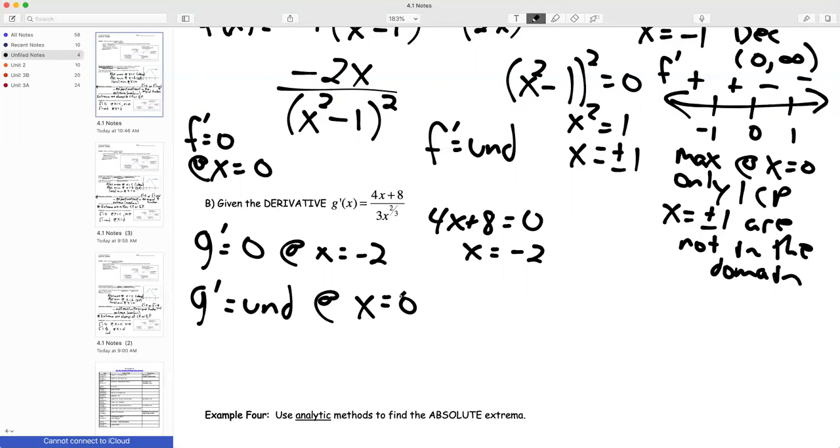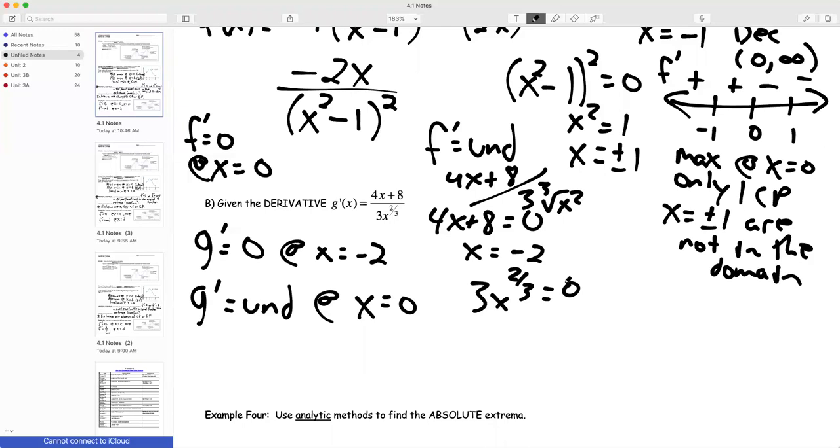And the way that you find that is you would take 3x to the 2/3. I'm going to go ahead and write this as 4x plus 8 over 3 times the cube root of x squared. And I set that equal to 0, and I get x is equal to 0.